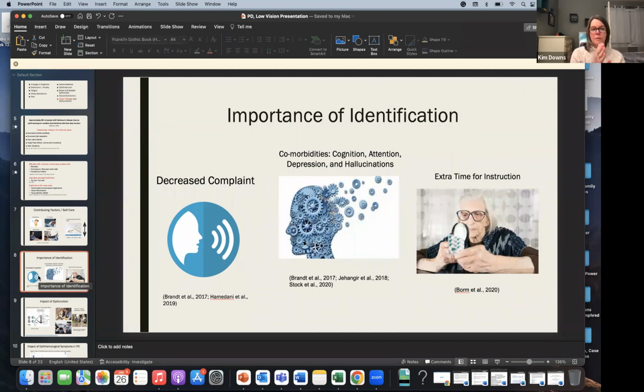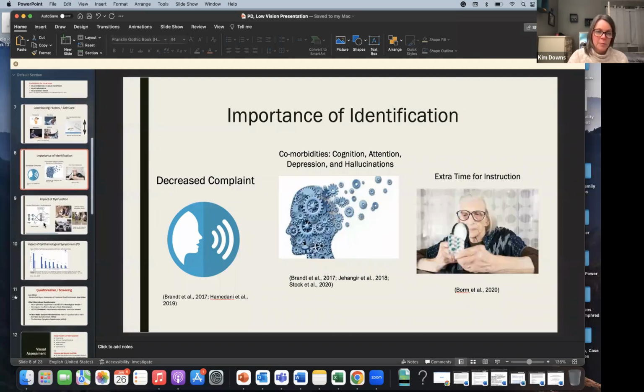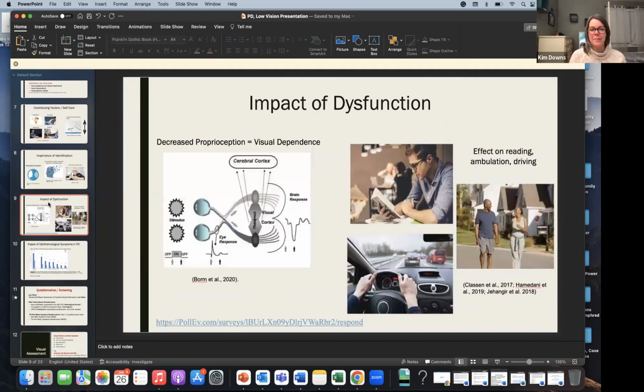And if someone is experiencing visual changes and also has comorbidities of cognition, attention, depression and hallucinations, they're all going to play off of each other, as we'll talk a little bit more about. And if these people are having visual changes and have these comorbidities, especially decreased cognition, they're going to require extra time for instruction. So we want to make sure we give them what they need.